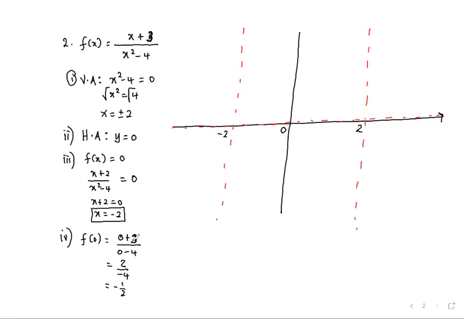And we make it positive 3 there, so that we have a 3 like that. So we'll have a 3 over negative 4. And here we'll have x is equal to minus 3. So 3, 3.